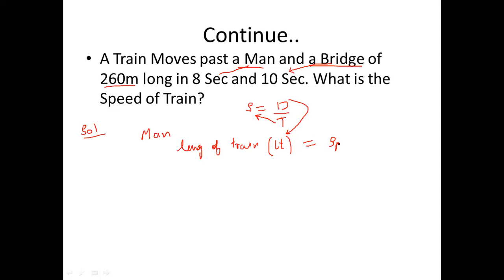We don't know the speed, so we are giving it the name speed, into 8 seconds, so we write 8 over here, right? And we will call it the first equation.